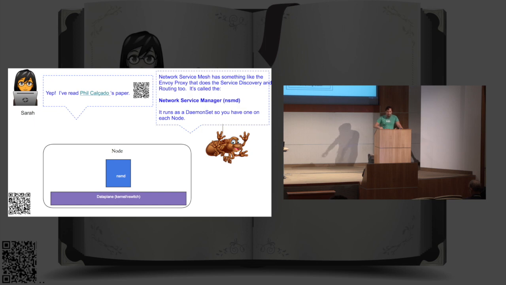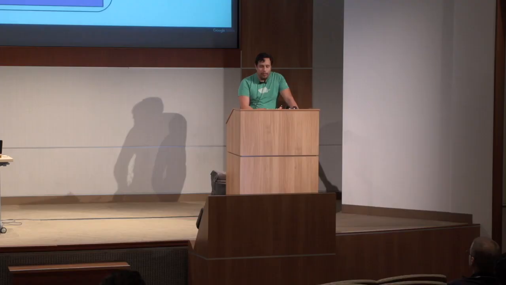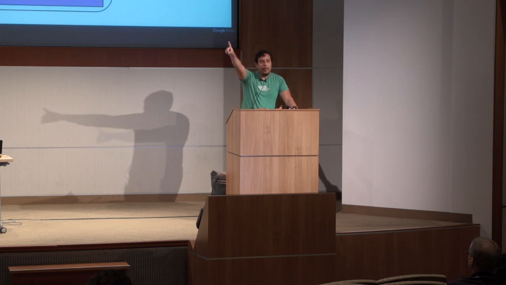So how does that use case work? What we do is we have a network service manager. We follow, I actually don't know how to pronounce his name properly, but Phil Calcado, I'll guess. We follow his paper and his approach. If you look at something like how Envoy works, we have a network service manager that runs as a daemon set, so every node will have one network service manager attached to it.